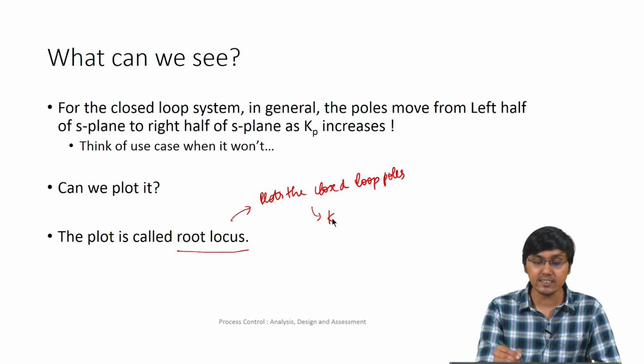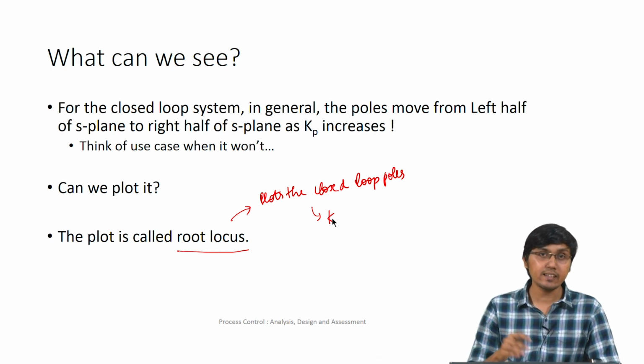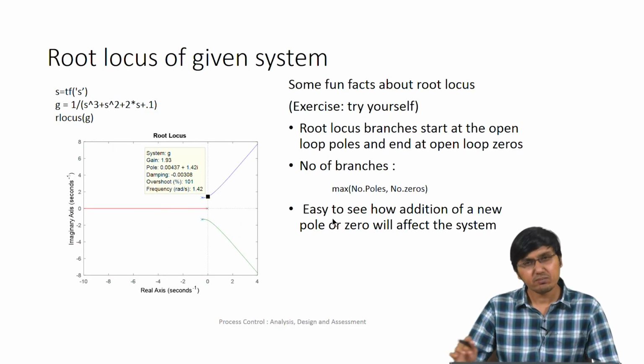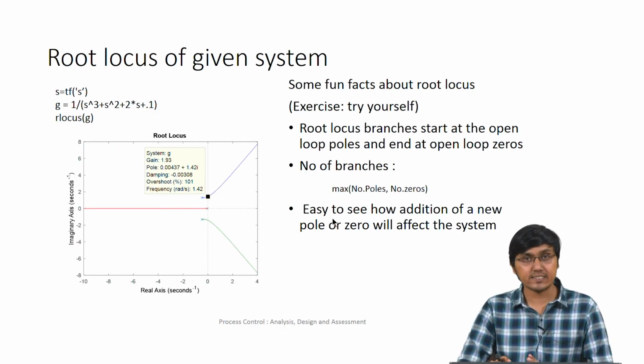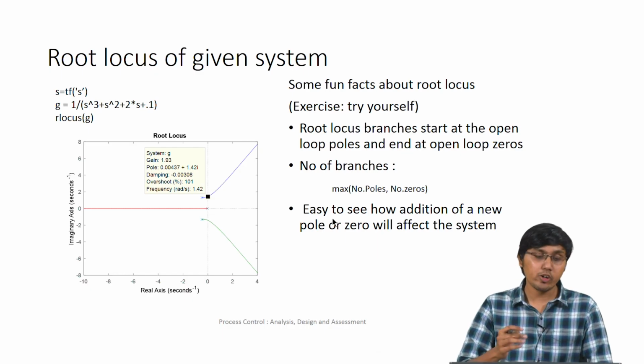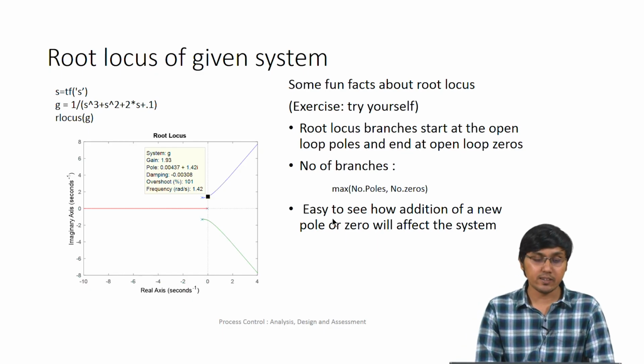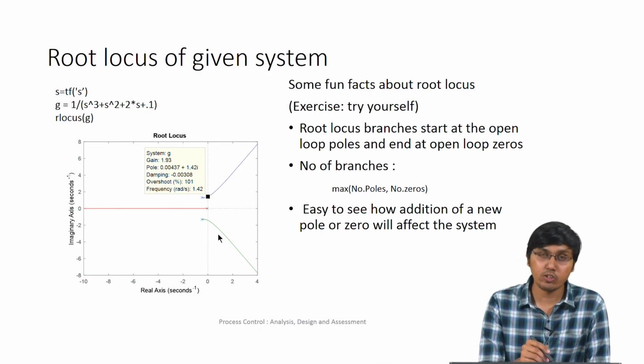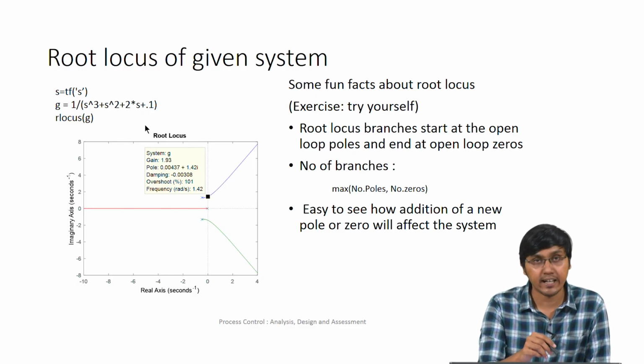When the gain in the loop increases, how the poles are moving, that is what the root locus is going to give us. We will not go into the details of how to construct the root locus. You can use MATLAB to plot this, and then you will see how the root locus looks for the system that we are interested in.